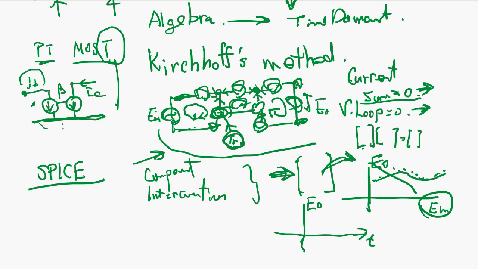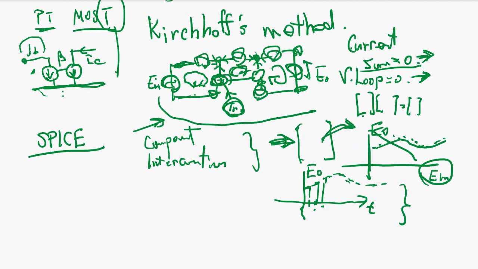So at a certain time E in is a certain voltage, creating this, and the next time step creates this. So each time step it makes a plot, and it tells you the transient characteristic exactly the way you want.